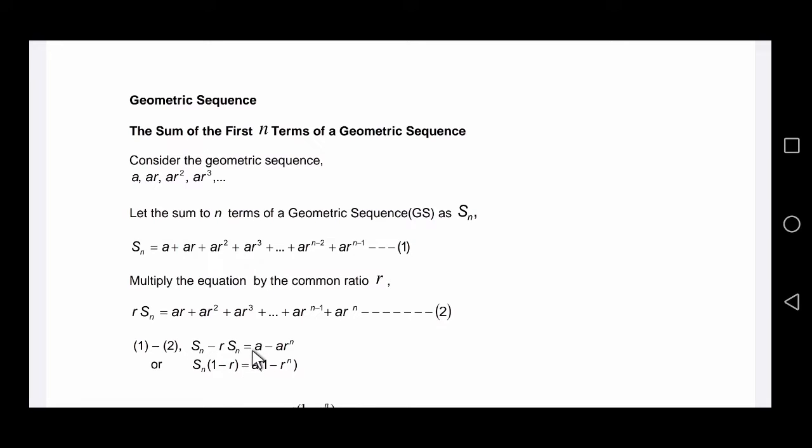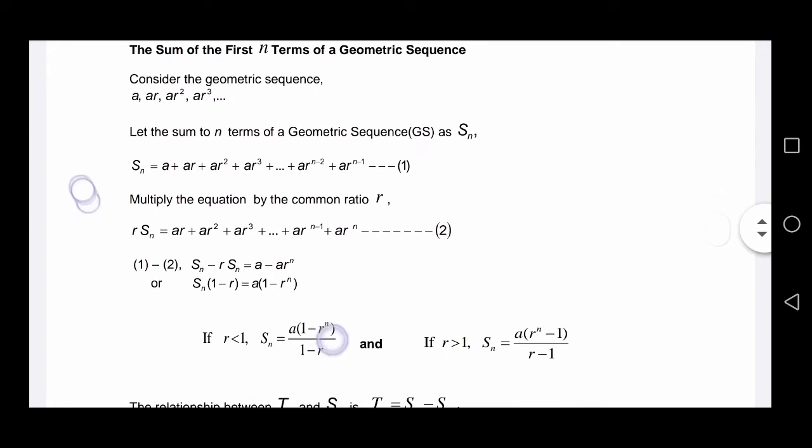We also can factorize this part with A, so we get A times 1 minus r to the power of n. So now we will see the formula. If the common ratio is less than 1, we will use the formula Sn equals A times 1 minus r to the power of n over 1 minus r.